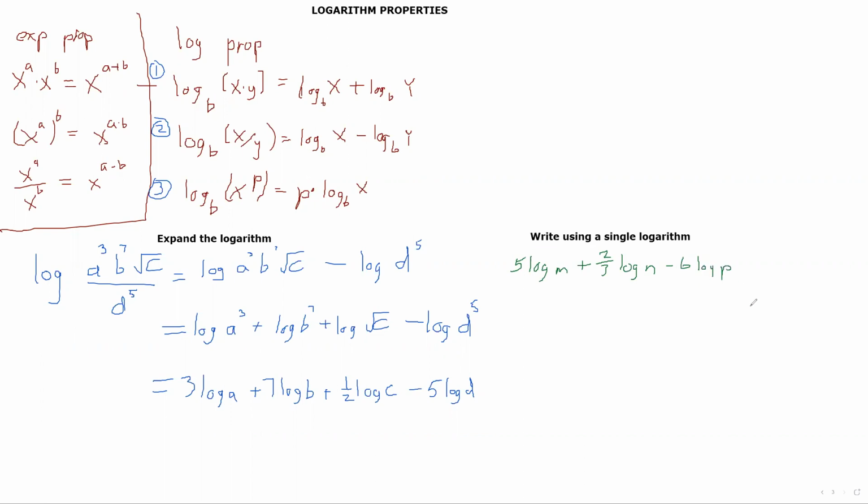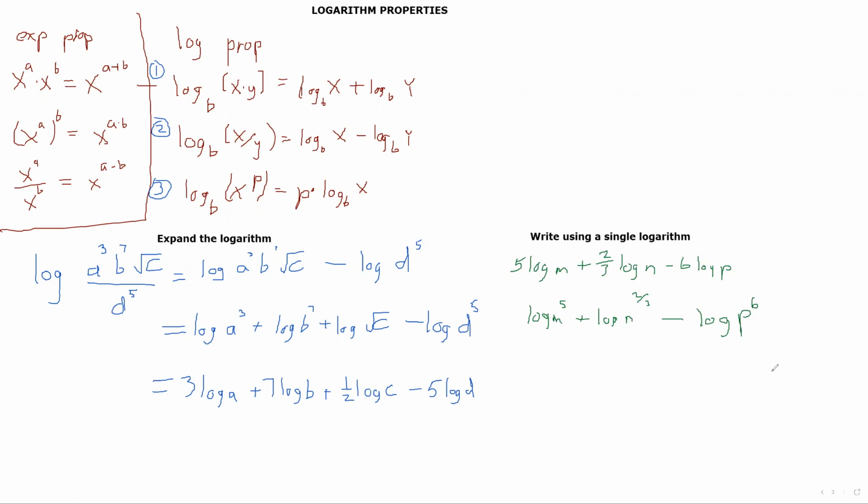All right, so first of all, let's use property number 3, but we're going to go in this direction. So we're going to say that the 5 goes up top as a power, log of m to the 5th, plus log of n to the 2/3 minus log of p to the 6th.